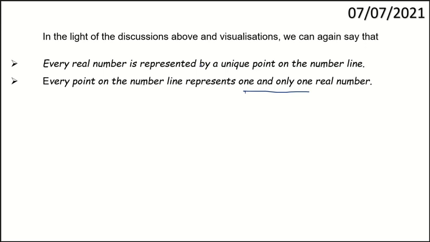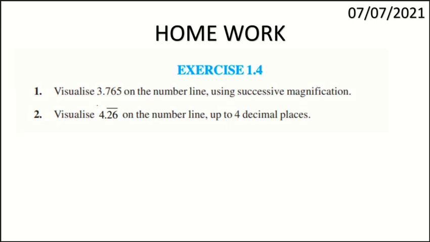Okay. Then with this I would like to wind up today's class, and I am giving you homework. The homework would be exercise 1.4. It has 2 questions. Question number 1, visualize 3.765 on the number line using successive magnification.